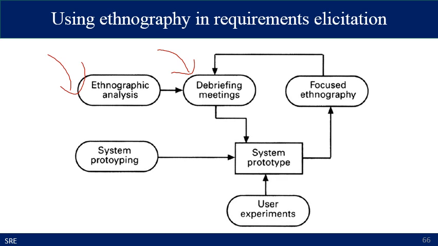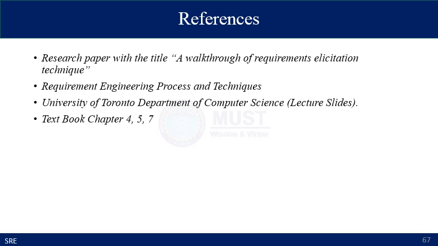These ethnographic discussions and findings are coupled with system prototyping to generate the system prototypes, and users are expected to interact with the generated prototypes. Then you find the focused ethnographic results, and these are combined with further ethnographic analysis to define the final product.